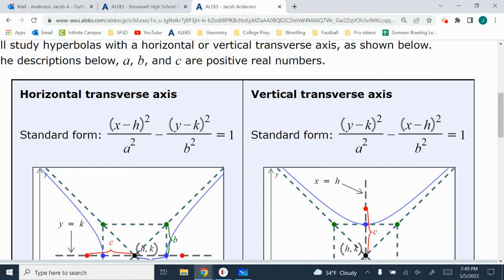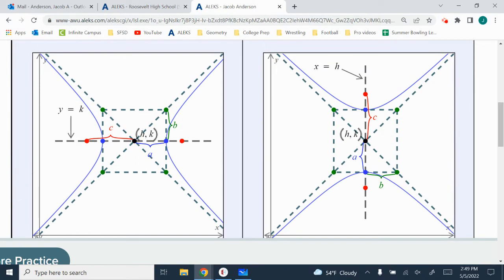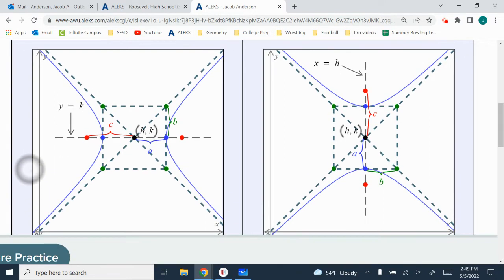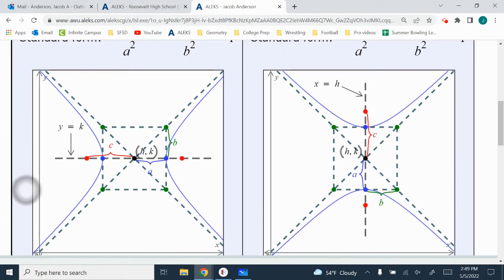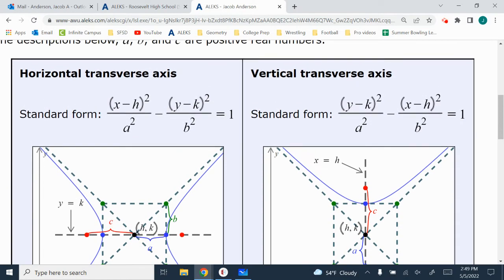The horizontal and the vertical transverse axis just basically means a hyperbola could look like either of these two shapes. If you look at just strictly the blue lines, that's your hyperbola. They look kind of like parabolas that are pointing away from each other. Some can be pointing to the left and right, and the other ones can be pointing up and down. But your two basic forms are going to look like this.